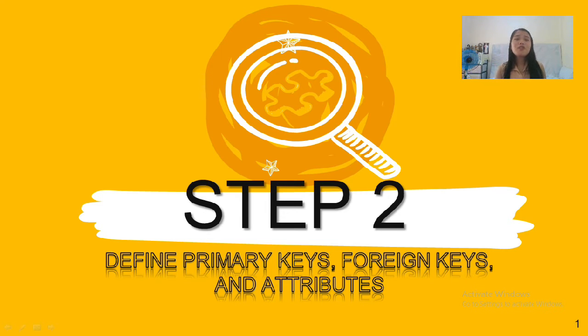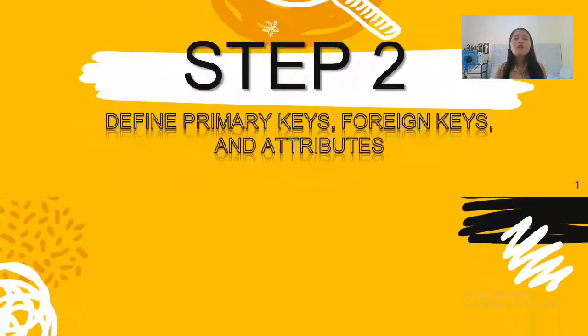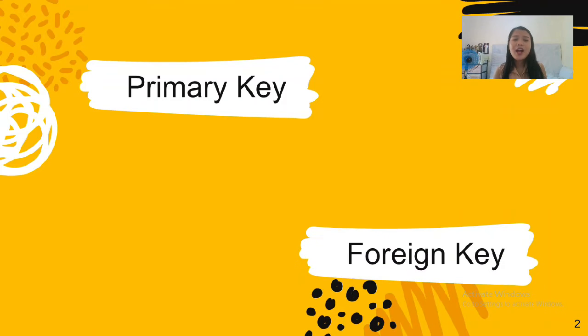Now, focusing on the main objective of this step, let us first define primary keys, foreign keys, and attributes. Primary keys and foreign keys are said to be the most basic components on which relational database theory is based.